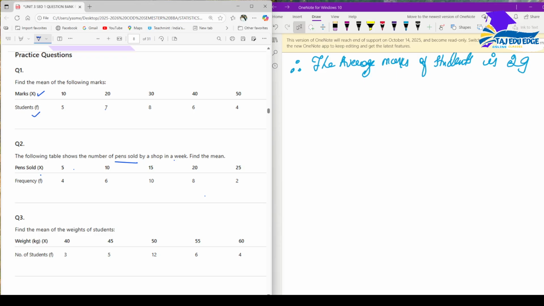Number 20 pens are sold 8 times in a week. Number 25 pens are sold 2 times in a week.